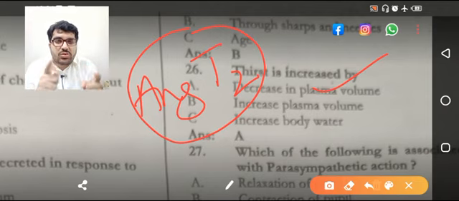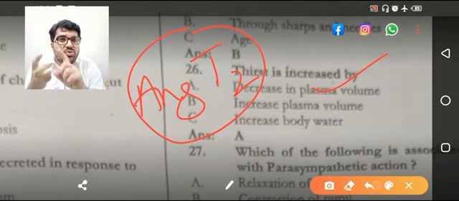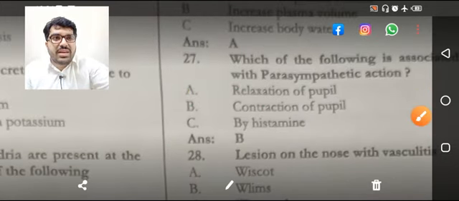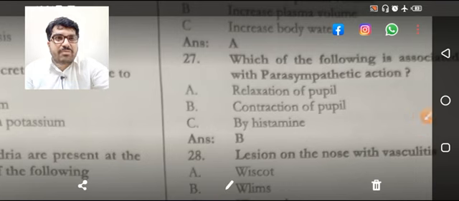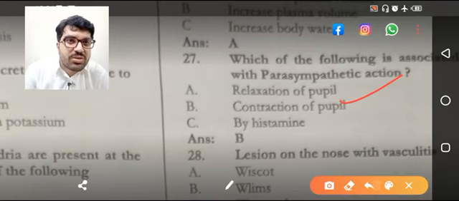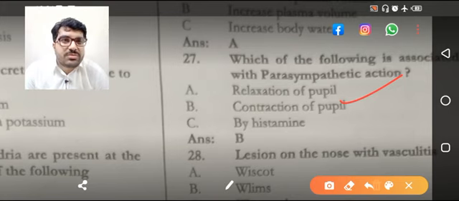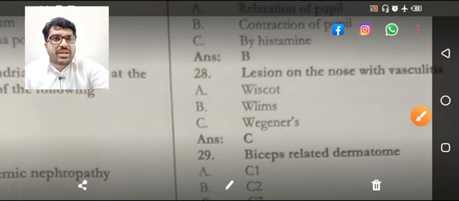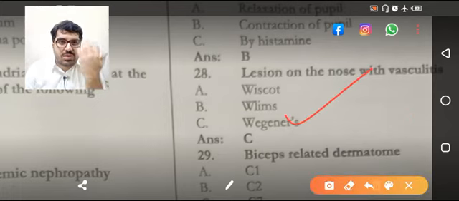So you have to focus on the word, whether they are talking about angiotensin 2 or the angiotensin 2 blocker. Which of the following is associated with parasympathetic action? The answer is contraction of the pupil. Pupilloconstriction is the parasympathetic activity. Dilation is the sympathetic activity. Lesion on the nose with vasculitis: the answer is Wegener's vasculitis.